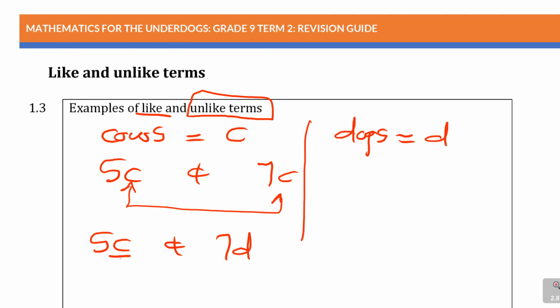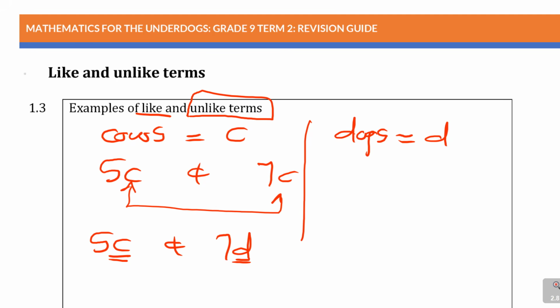Why? C stands for cows, D stands for dogs, and these are different animals we are talking about. So if I say 5C and 7D, those are 5 cows in this example, and 7 dogs. There is nothing that is alike, nothing similar, so you can't do anything to this. We are going to look at addition and subtraction of this.